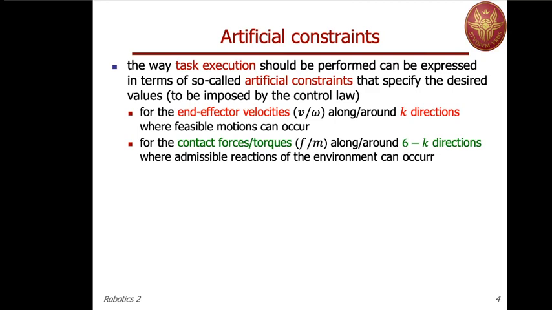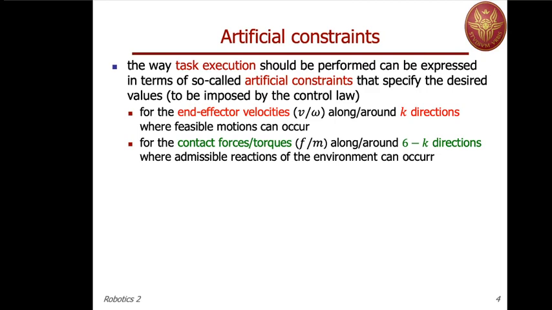So the way in which the free end effector velocities, linear and or angular, in the k directions where feasible motion can occur are specified, and similarly how the contact forces along and around the 6 minus k directions where the environment can produce reaction are being specified. So these are the references for the control.